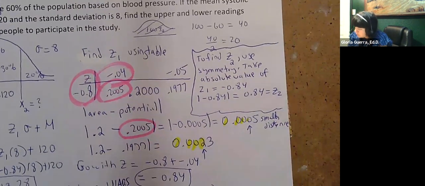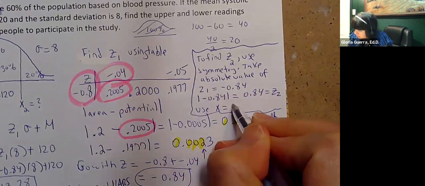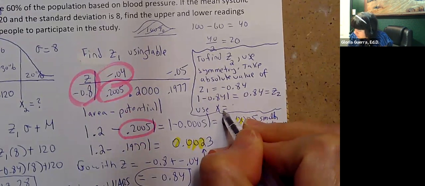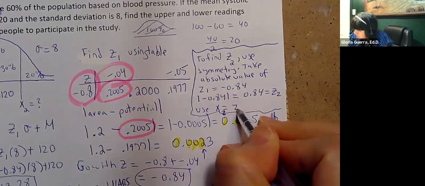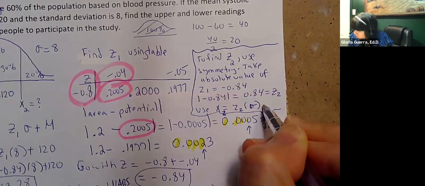So now you're going to use the formula x sub 2 is equal to z sub 2 times sigma plus mu.